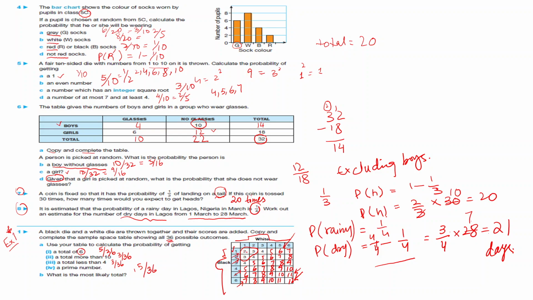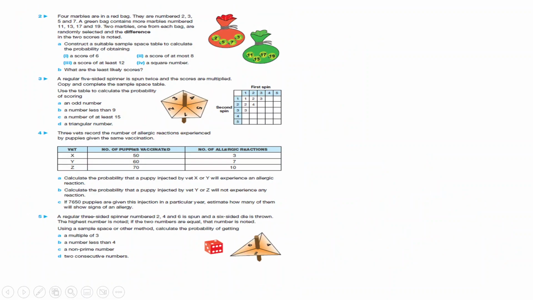So the numbers increase from 2, 3, 4, and at 7 they are at the maximum, and after that they decrease. So the maximum probability is for 7, which is 6 out of 36.